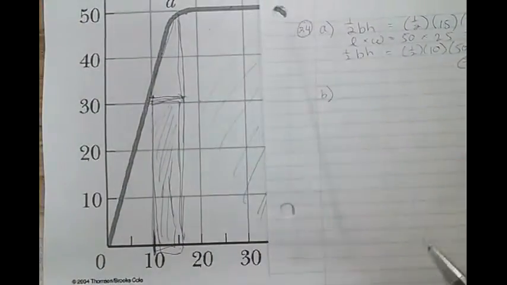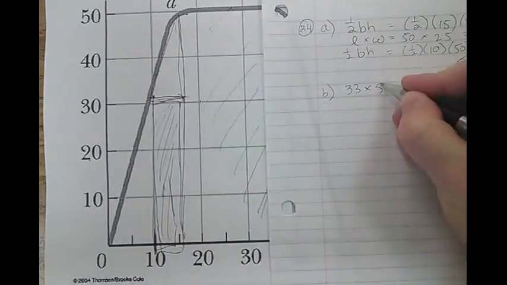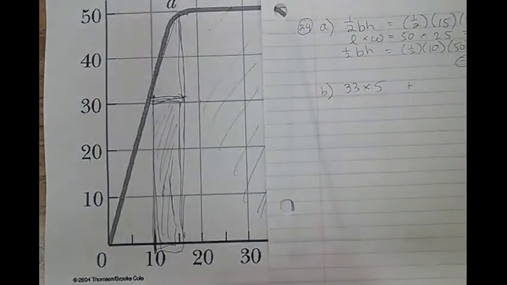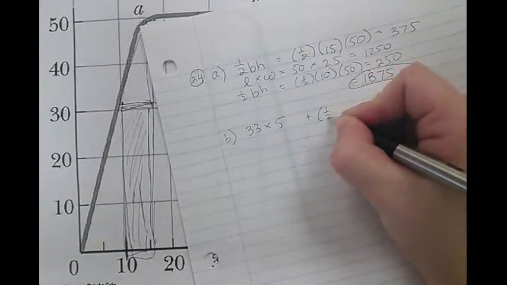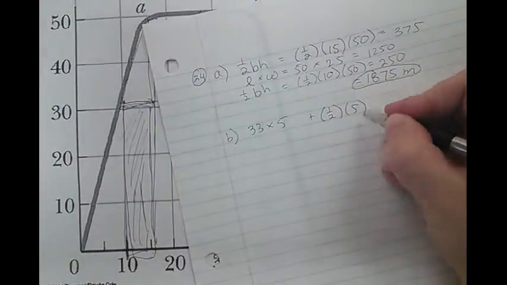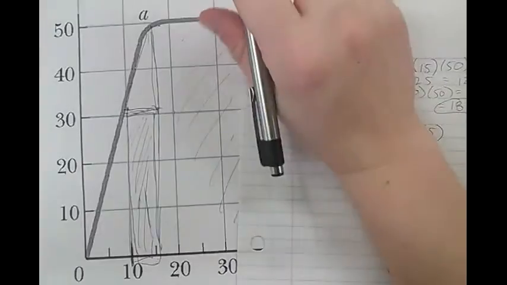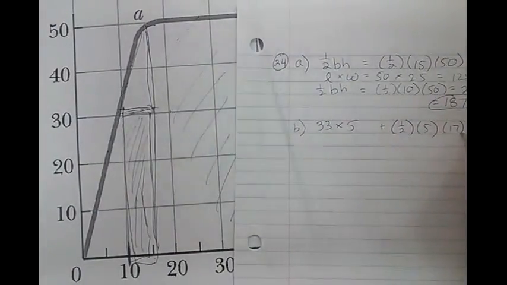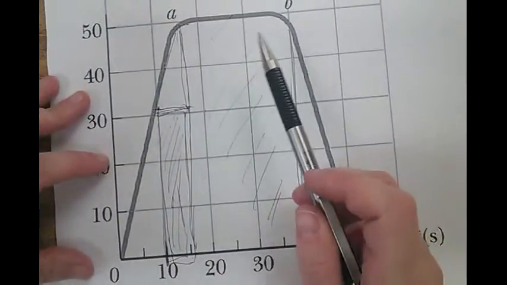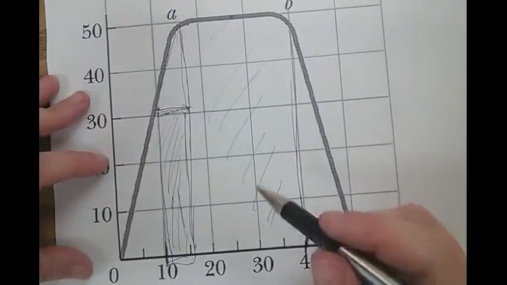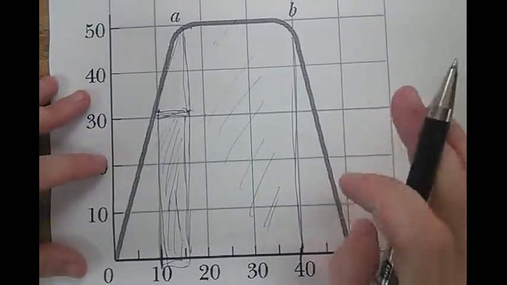So the height of our first rectangle is going to be 33. And then the width is 5. Then for this small rectangle, the base is going to be 5. And then the height is going to be 50 minus 33, which is 17. And then this rectangle here will have a height of 50 and a width of 25.